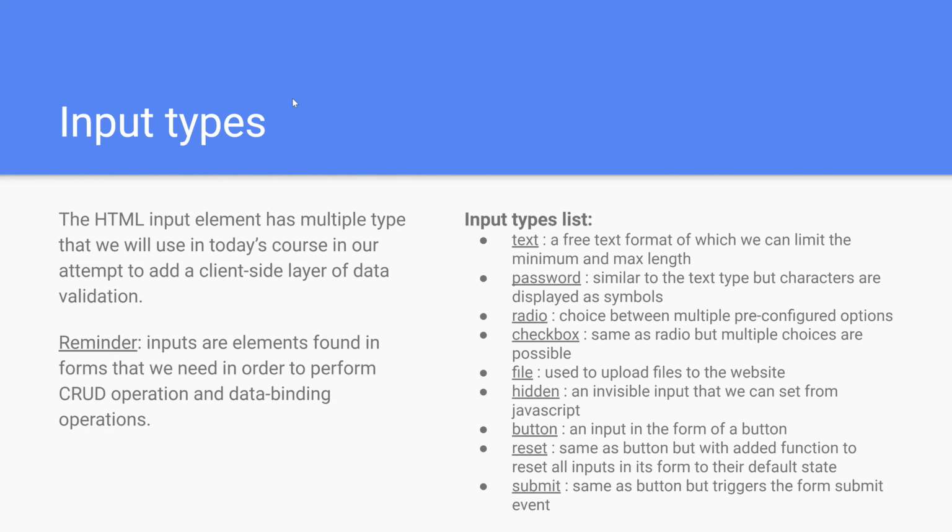An interesting input is also the hidden input, since it's basically a text input that we can't see. So we can set it from the HTML. It's really interesting because in this case, we will be able to set it only from JavaScript and then access it in the form.